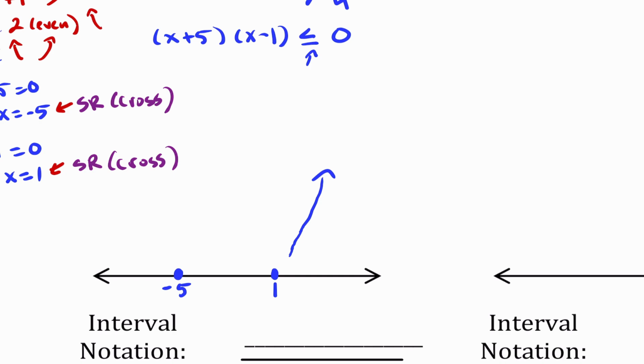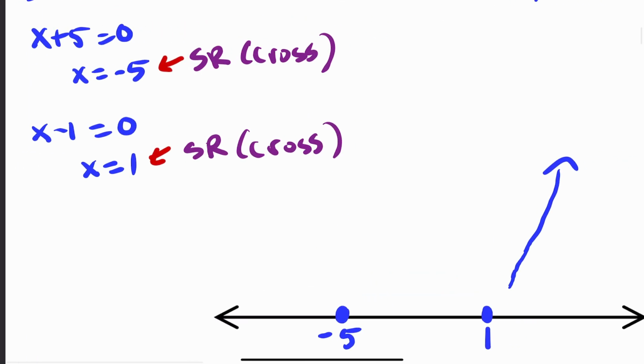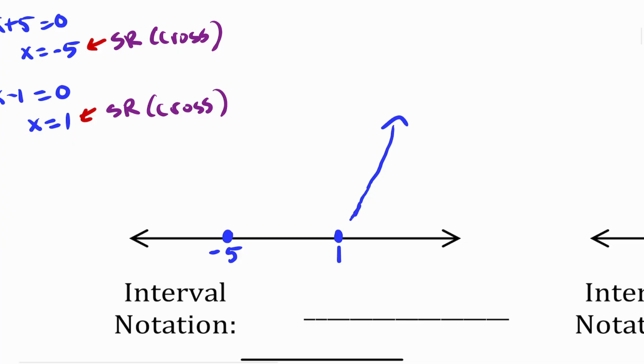If it's a single root, we cross. If it's a double root, we bounce. Well, 1 is a single root, so we are going to cross the x-axis. And then I'm going to approach negative 5. That's a single root, and we are going to cross just like that.